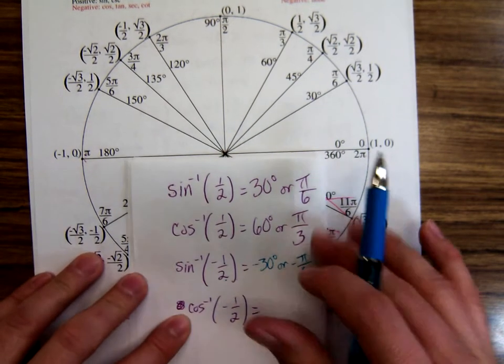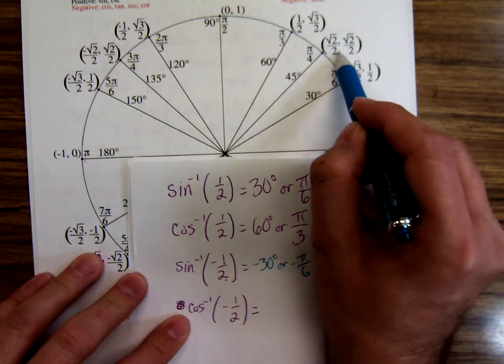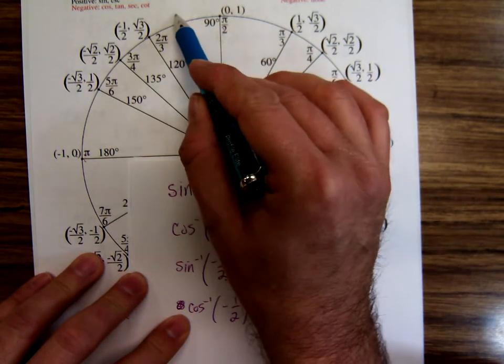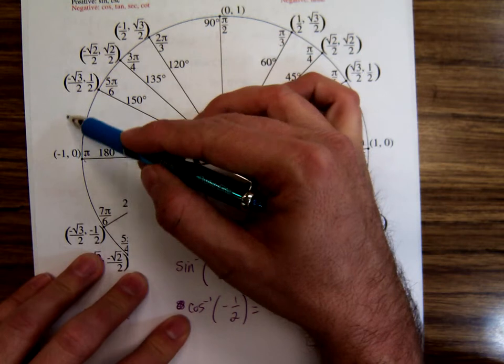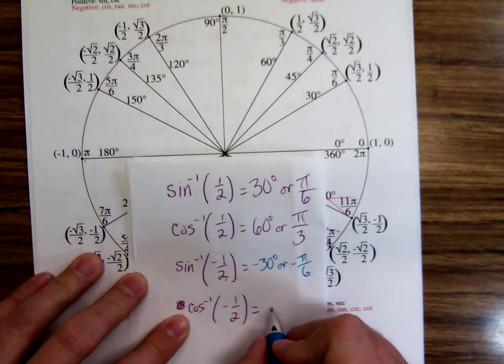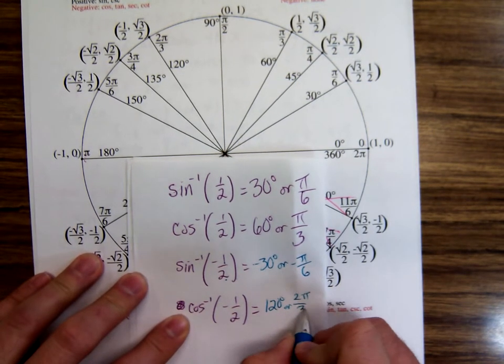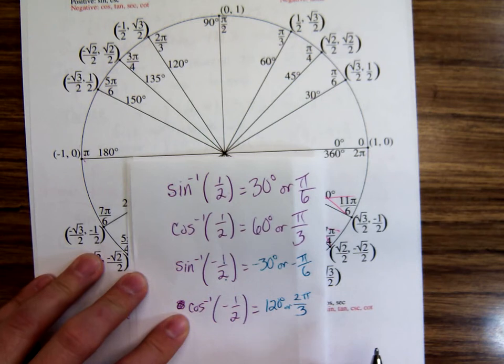So let's see. Looking through here, cosine's the x-coordinates. So I'm just scanning through here. Where's the next value of -1/2? At 120 degrees or 2 pi over 3? Ooh, I'm getting sort of low there.